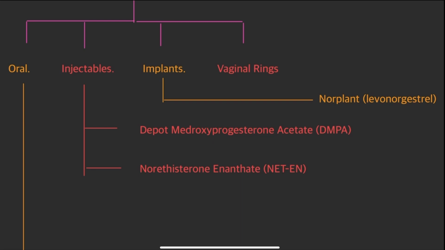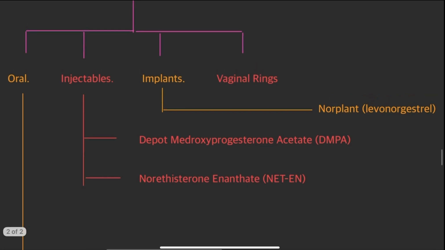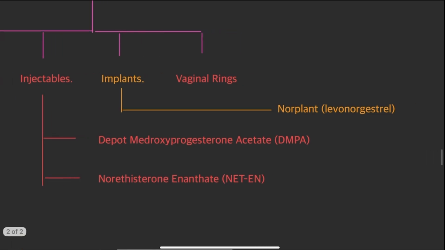The third method under hormonal method is implants. Implants means you implant something under your skin, and the name of that implant is Norplant, and Norplant consists of levonorgestrel. That is a form of progesterone. Okay, vaginal ring, you don't have to remember anything because it's not given much in Suryakantha or Park.